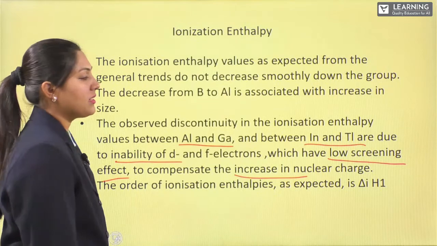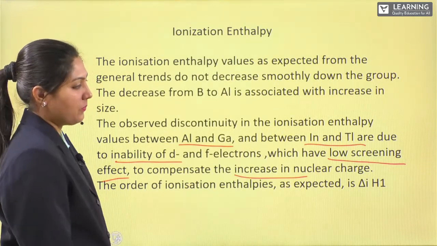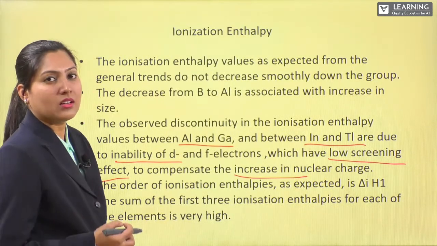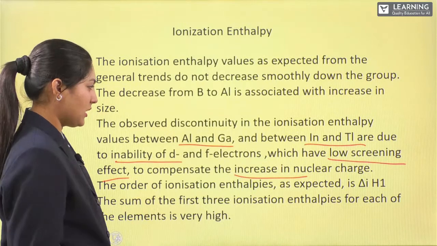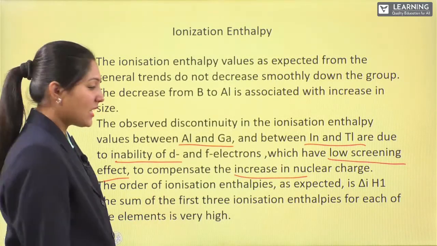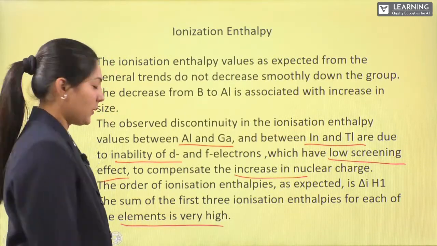So the order of ionization enthalpies as expected is H1, that is the ionization enthalpy. We can just represent it like that. The sum of the first three ionization enthalpies for each element is very high.